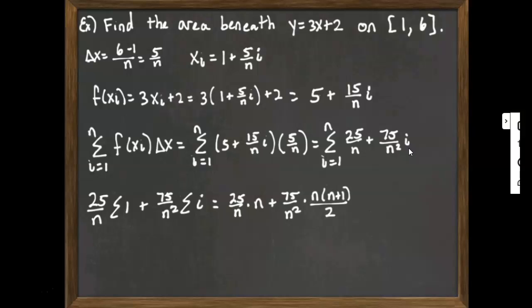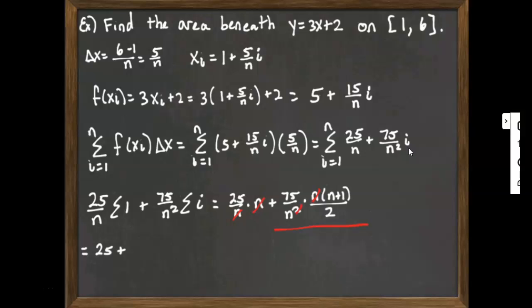Okay, and that's what we do now. The n's cancel out, of course, in the first one there. And so we get 25 times 1, which is just 25. And then in the second one here, the n's cancel out. Nothing else cancels. So I can take that 75 and put it with the n plus 1.